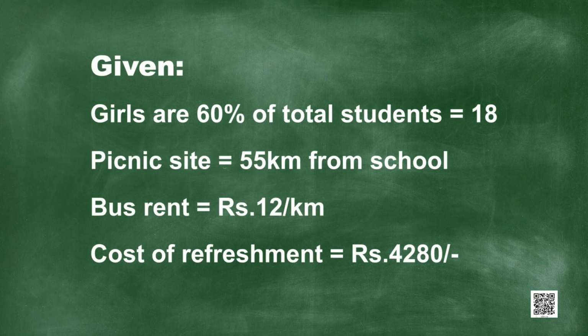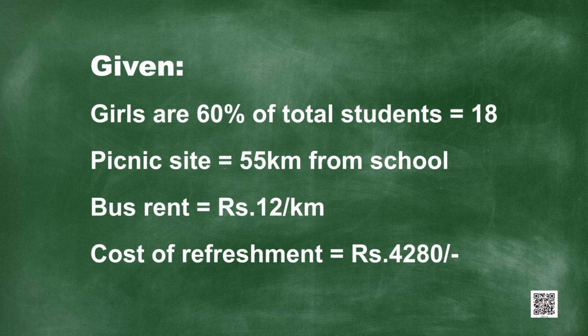Students, though the problem appears to be very big, it has given us a lot of information. So, if we try to observe and make a note of all the given information, we can solve the problem very easily. So, have a note of all the given information. It is given that girls are 60% of the total students, and also it is mentioned that they are 18 in number.